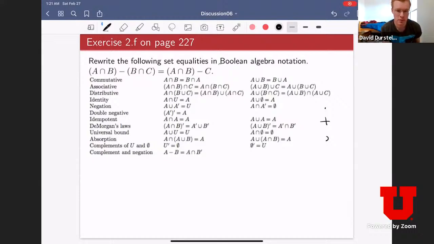So it becomes A and B and B and C, and then that's negated. And remember, we want to write that as lowercase. Yeah. And then we'd make all the ands little multiply signs. And then all of a sudden you're in Boolean logic and Boolean algebra.